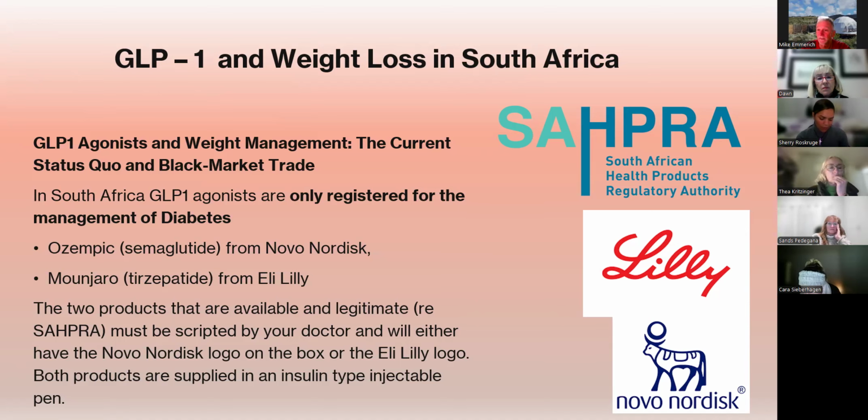They are not released as a tablet form or a liquid form or powder form. They're only released by Eli Lilly and Novo Nordisk in an injectable pen form. So any other drug that's coming any other way, even in an ampule, is illegal and not licensed by SAHPRA or Eli Lilly or Novo Nordisk.